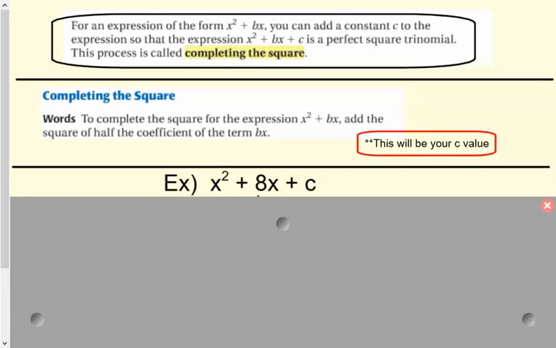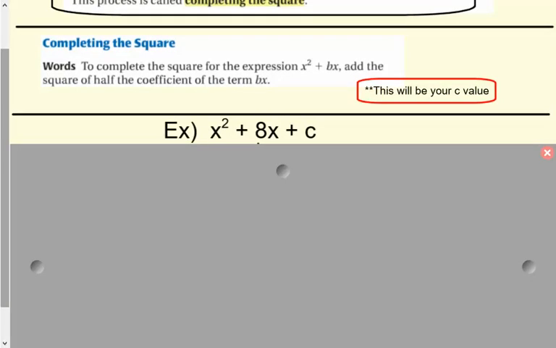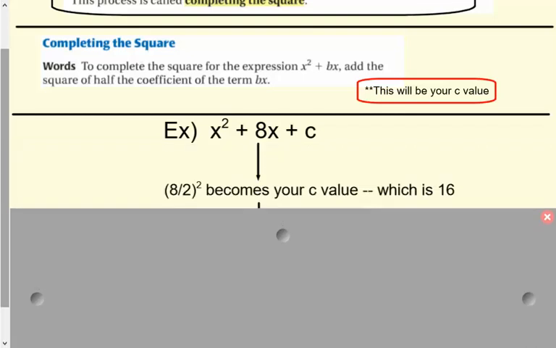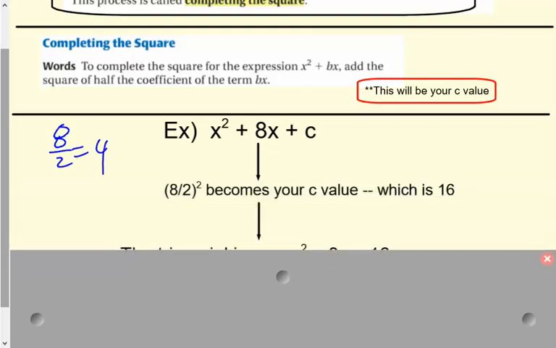So let's practice that. It says, to complete the square, add the square of half the coefficient of the bx term. Okay, that's a lot. Here's what you're going to do. You're going to take your b value. Half of b is 4. Then you're going to square that.